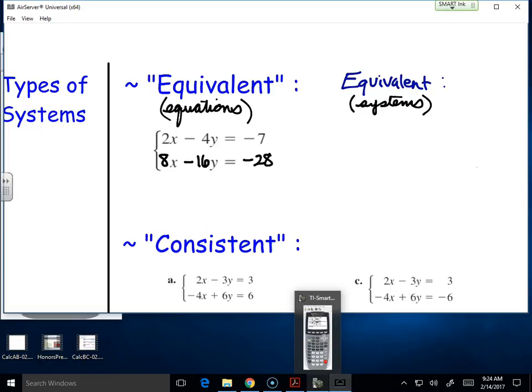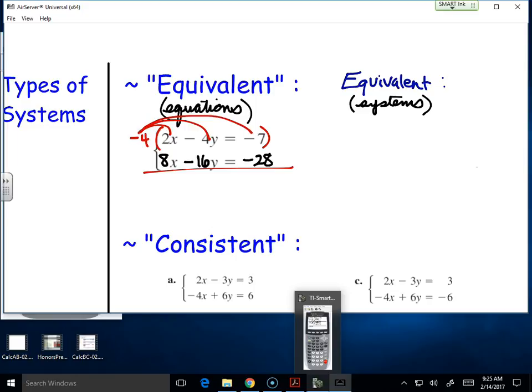So equivalent equations would say, hey, these are the exact same guys, right? How do I know that? Mathematically, how could I figure that out? Yeah, if I multiply this guy by -4 to make these two terms match with the opposite sign, that would be -8, which would cancel, right? That would be +16, which would cancel.